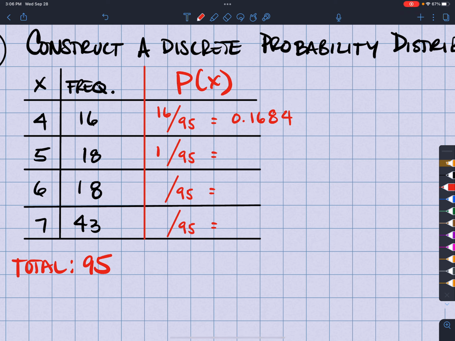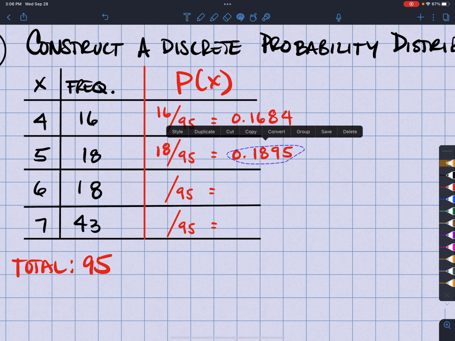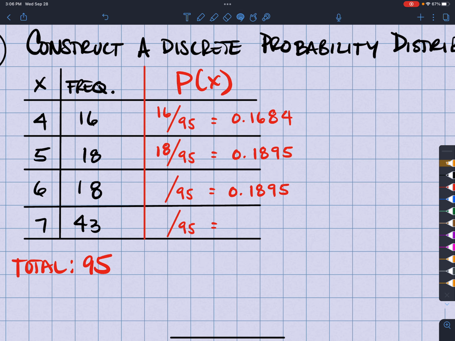So 18 divided by 95, 0.1895, and the same for the next one.